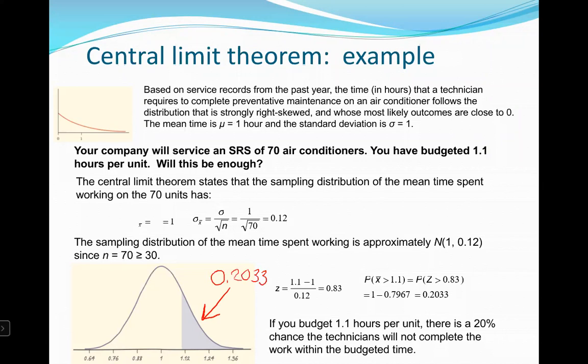And then in our answer, we call that a percentage chance. So if you budget 1.1 hours, to answer in the context of the question, there's a 20% chance the technicians will not complete the work within the budgeted time.